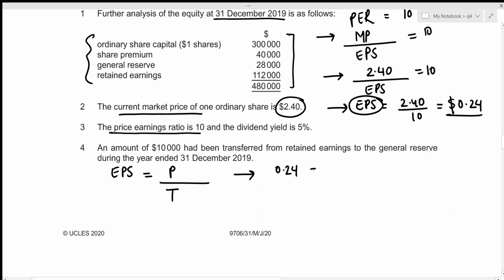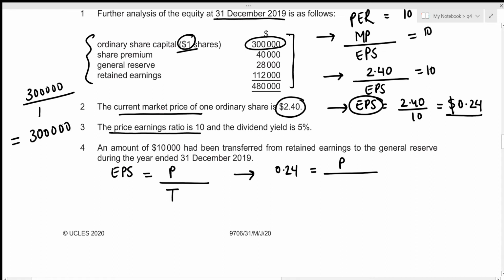We do not know the profit for the year, but we are given information regarding the value of total ordinary shares as well as its nominal rate, right? And whenever we're trying to figure out the total number of shares, that is just going to be the total value of ordinary shares, which is 300,000 in this case. And we just divide it by our nominal rate. And we can see that the nominal rate is 1, which gives the total number of ordinary shares to be 300,000. So let's substitute this as well.